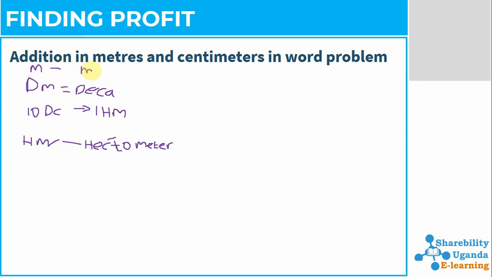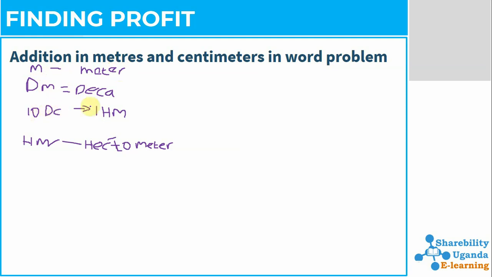This m becomes our meter, which is m. Then dam becomes our decameter.